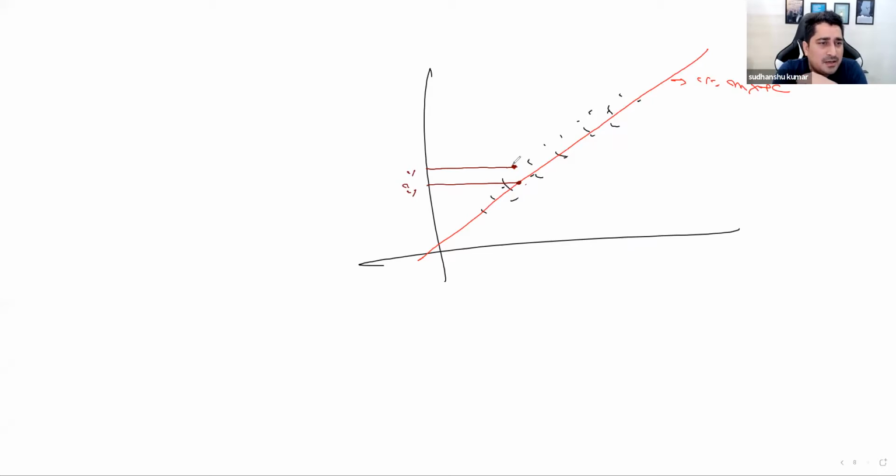So how are you going to define the accuracy of your model? Let's suppose this is the line which I have drawn. How will you define the accuracy? You will define it by using R-square statistics. There is something called R-square statistics.